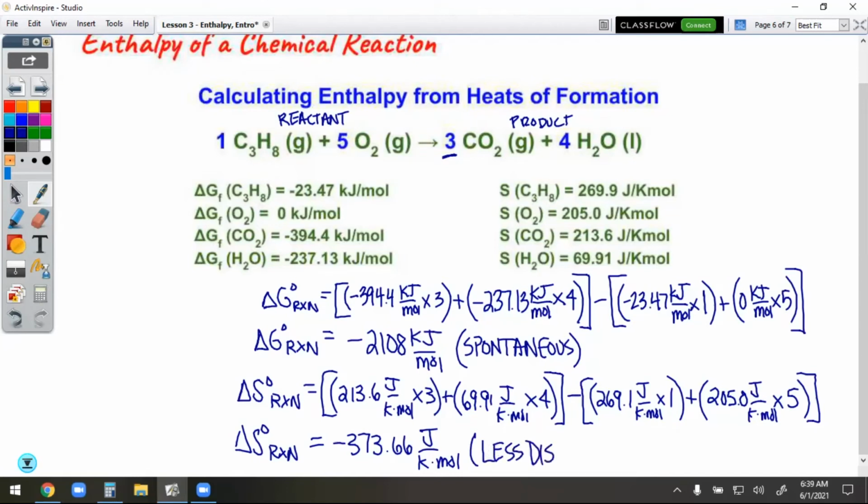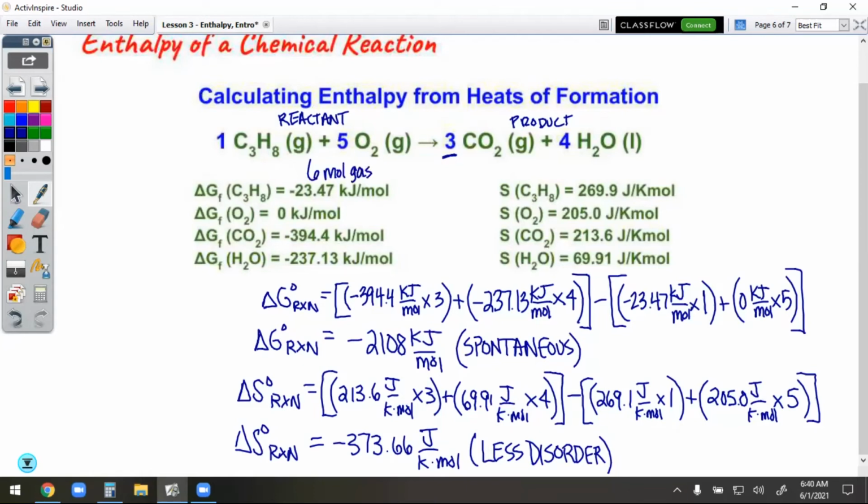So there's a decrease in disorder. Now, usually this works against a reaction occurring. However, when we compare the magnitude of both of these changes, it turns out that the reaction still does occur because of the amount of energy being given off. The other thing that you'll notice is, notice that we're starting off with 1 plus 5, 6 moles of gas.